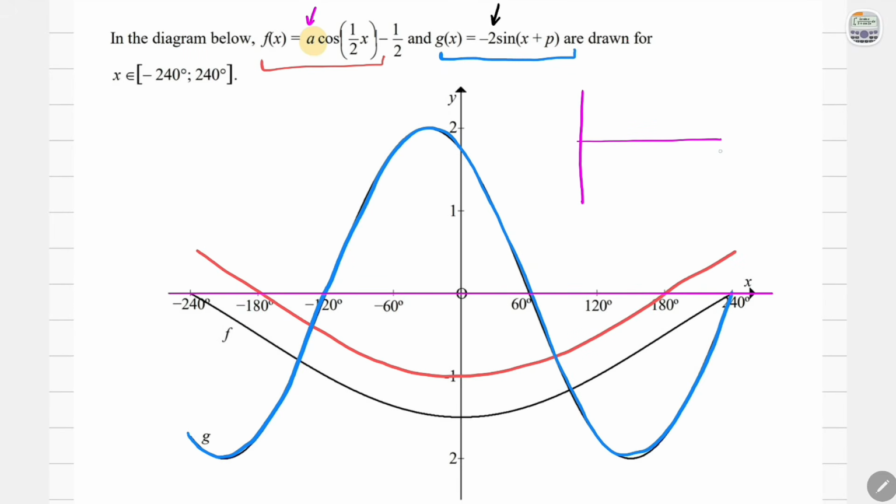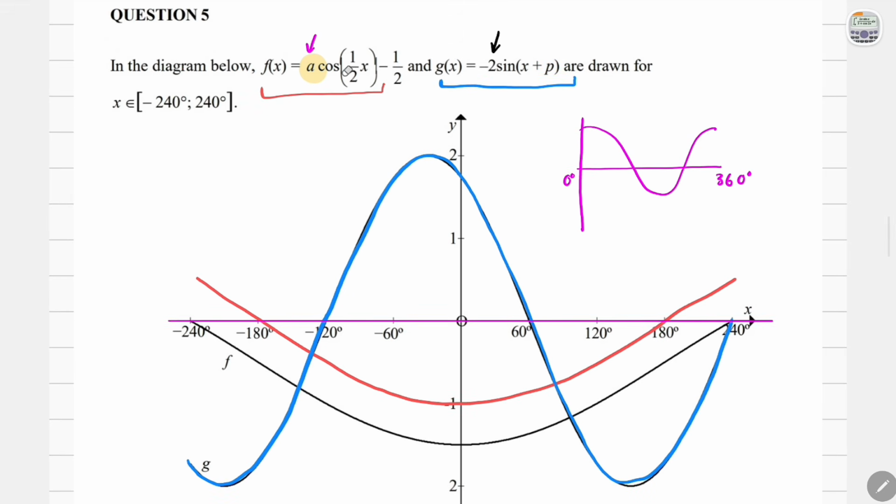Let's think about that. From 0 to 360 degrees, the cos graph looks like that, right? Now looking at this, I'll focus on 0 degrees because it has not been shifted to the left or the right. So all of these angles should still be consistent. It was only shifted down. And of course, that half was added in front of x.